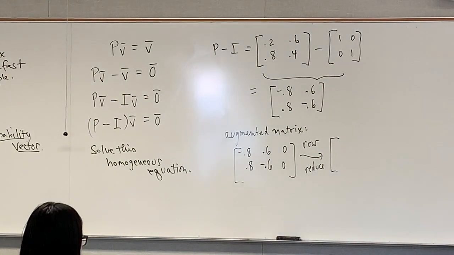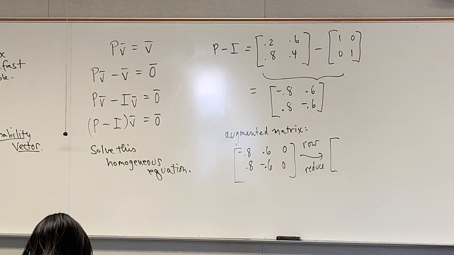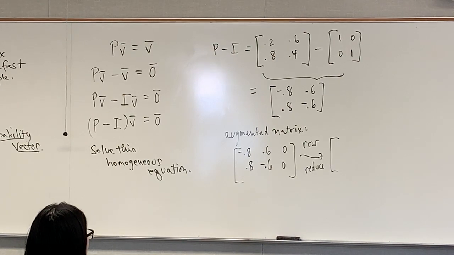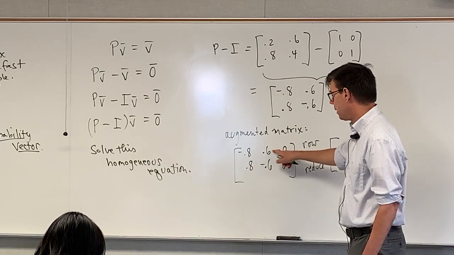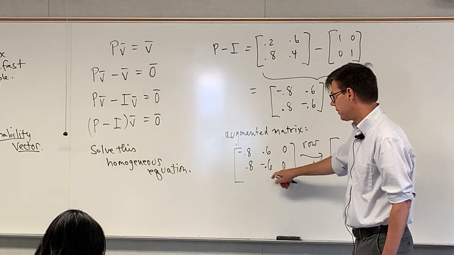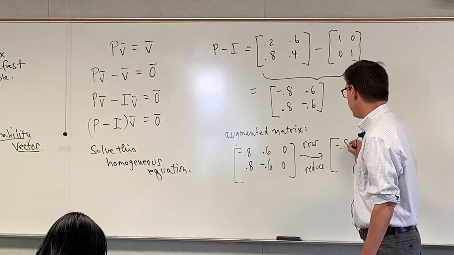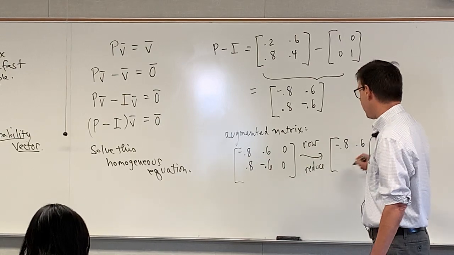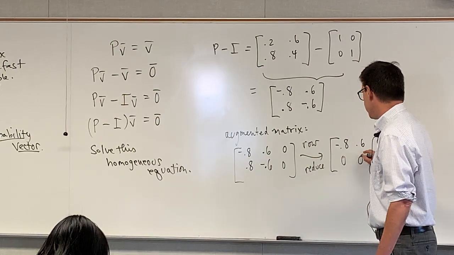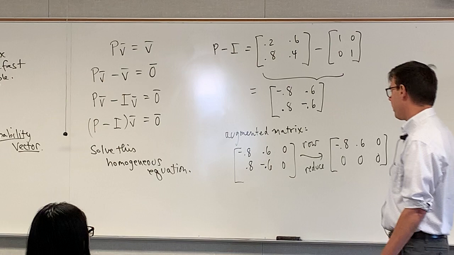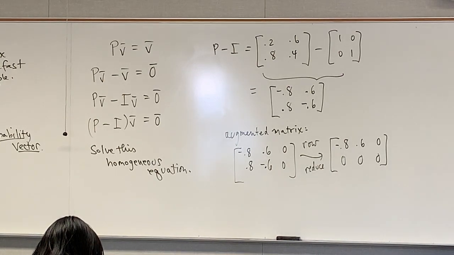And at least in this 2 by 2 situation, I think you can see we can add the first row to the second. So leave the first row alone for now. And that second row is just going to become 0, 0, 0 right off the bat.